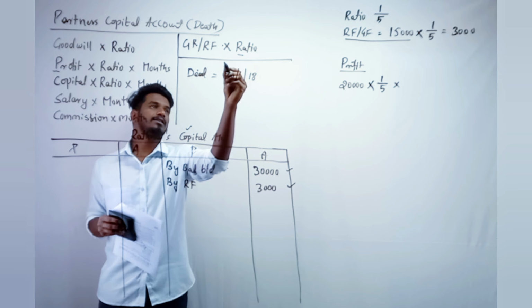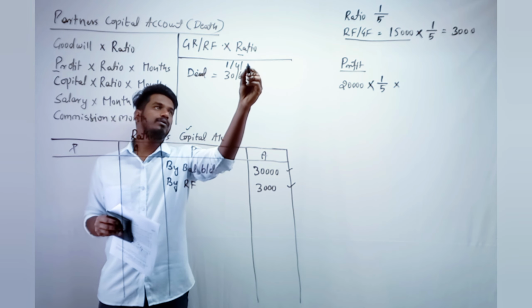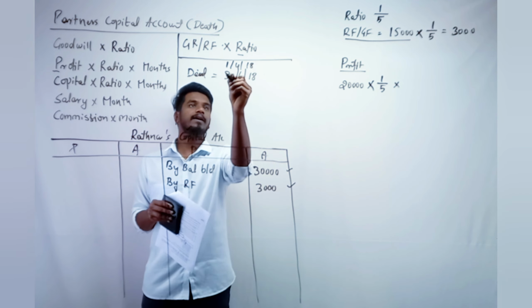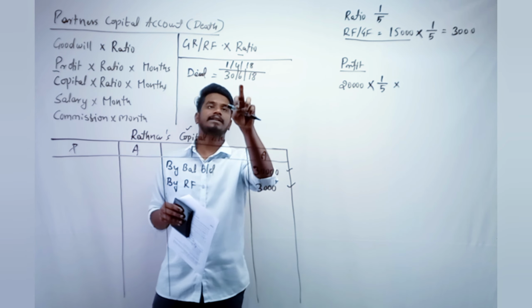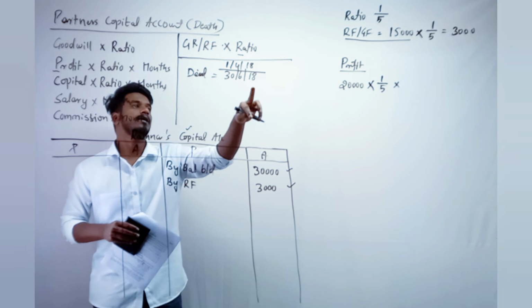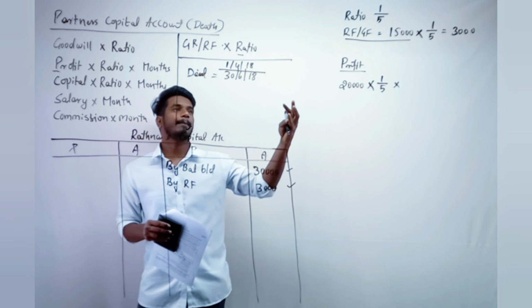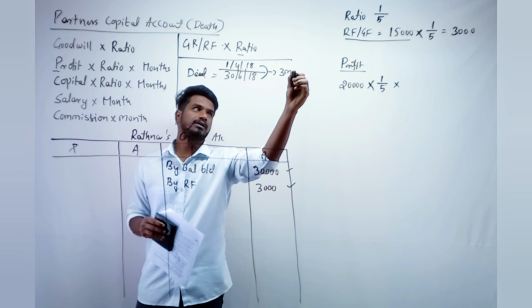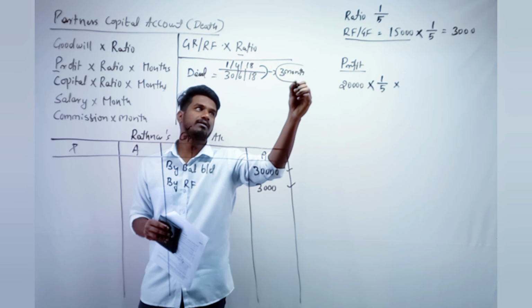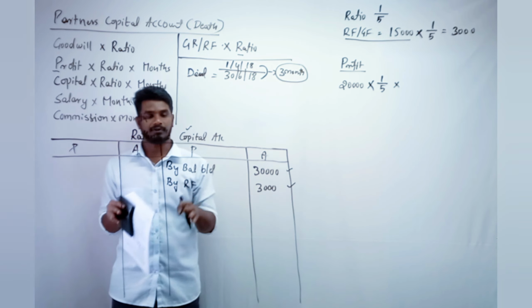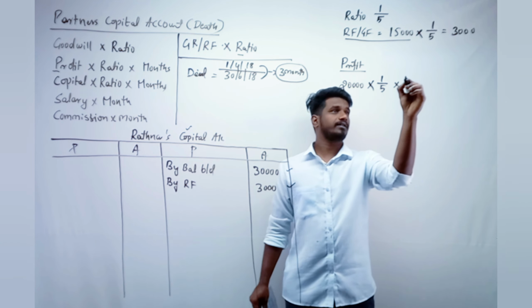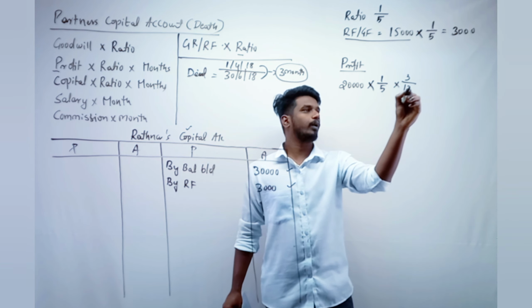The year starts 1/4/2018. From 1st April 2018 to 30th June 2018. How many months are there? April, May, June. So there are 3 months. She was alive for 3 months and she was working in the firm. So how many months are there? 3 months out of 12 months.